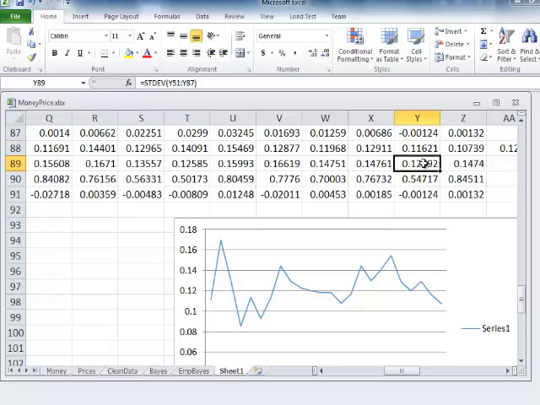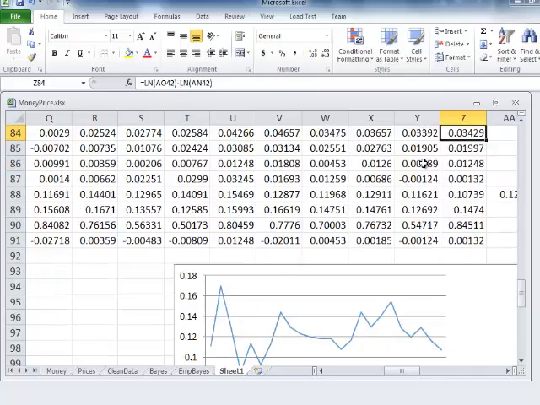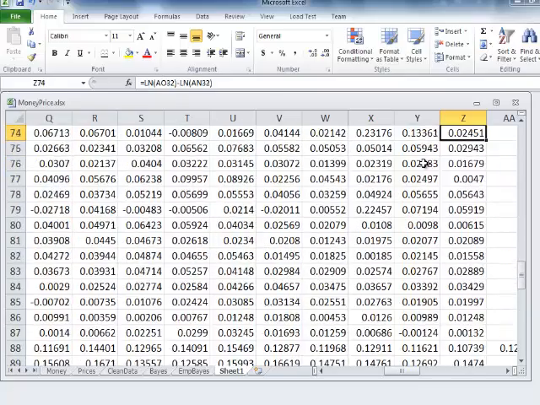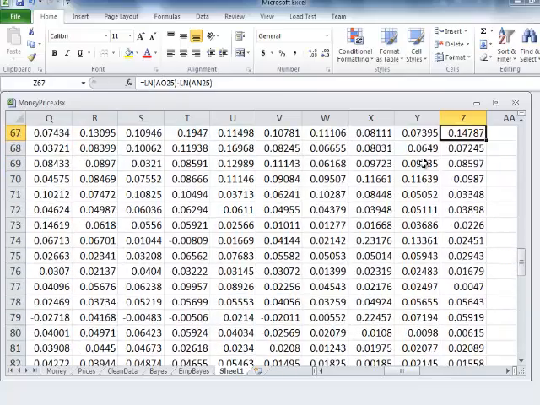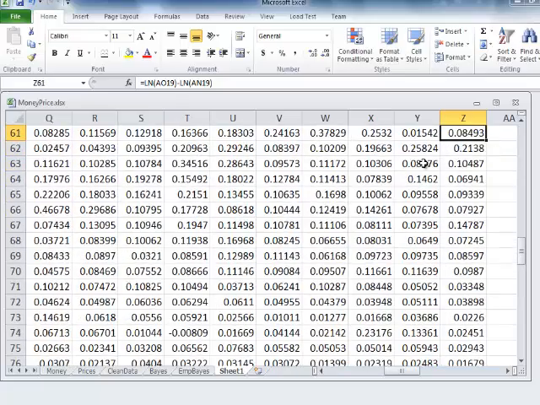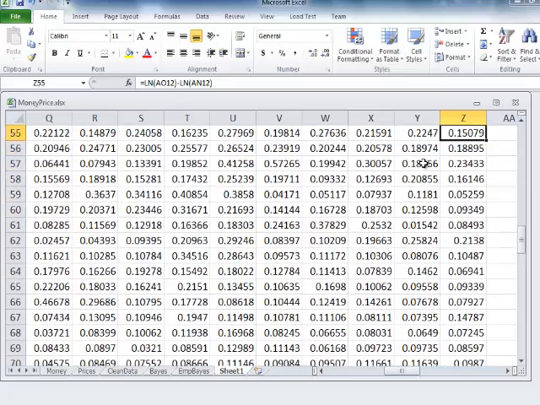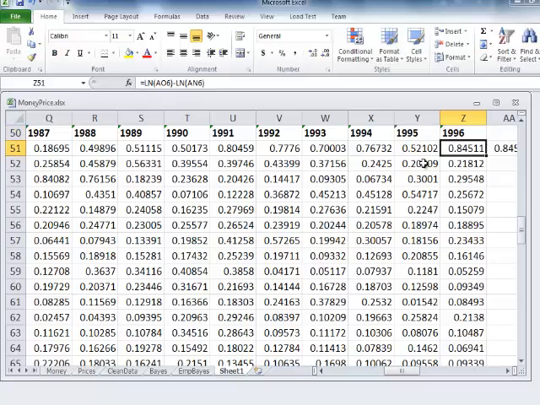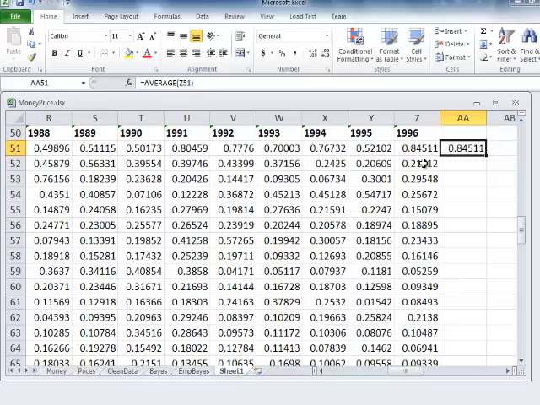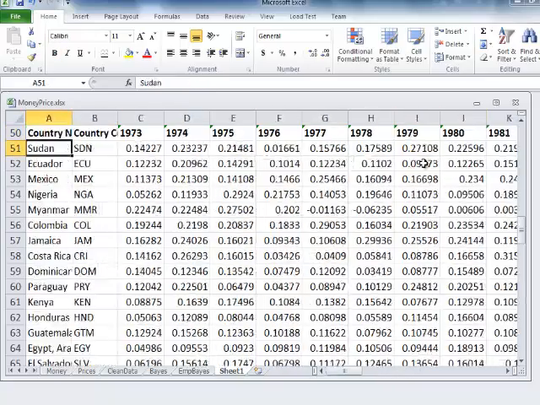Last column, sir, 84. This 84 is very far out of the bounds. Sudan, okay.